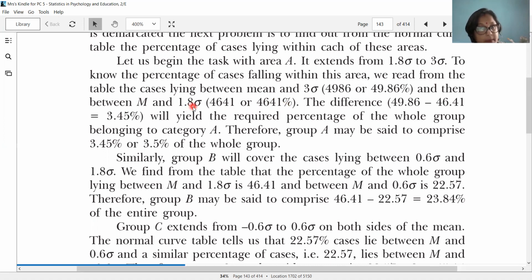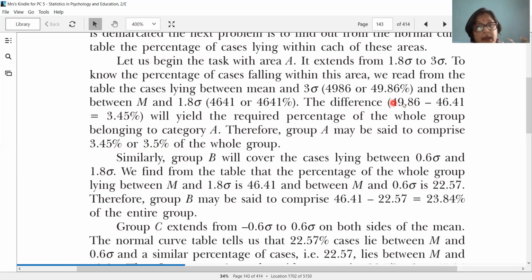Now, in order to find the percentage of cases lying between +3 sigma and +1.8 sigma, we need to subtract 46.41% from 49.86%, and we get 3.45% lying in area A. So we can conclude here that group A may be said to comprise 3.45% or 3.5% of the whole group.